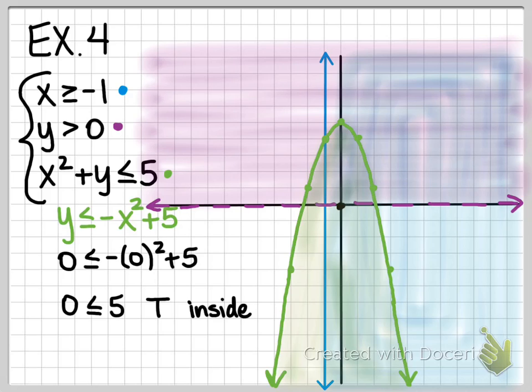So sometimes it's kind of hard to tell what overlaps. So I like to go back over it and just retrace those areas. So it's kind of from the blue line up around the parabola, the green line, and then the dashed purple line on the bottom. Anything inside that region would be part of the solution.